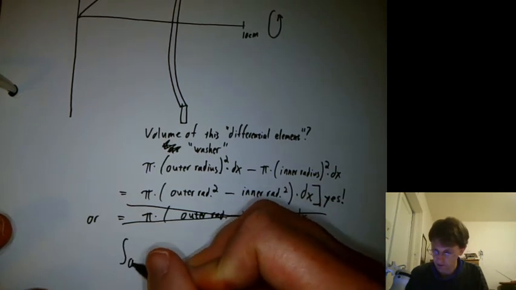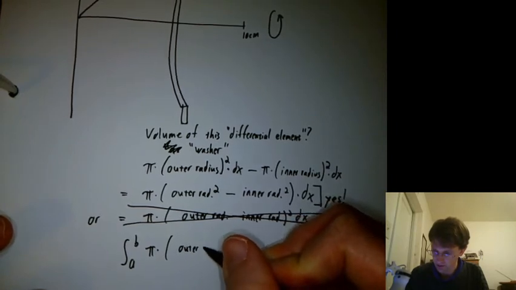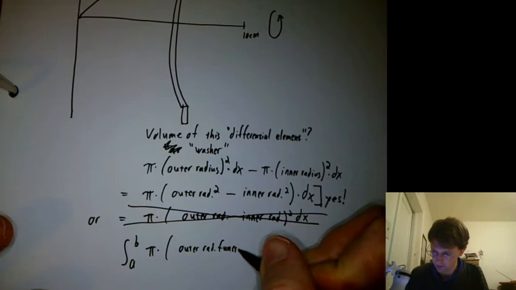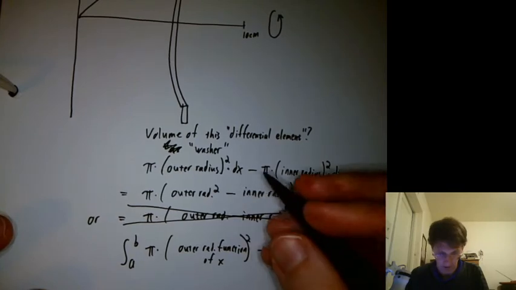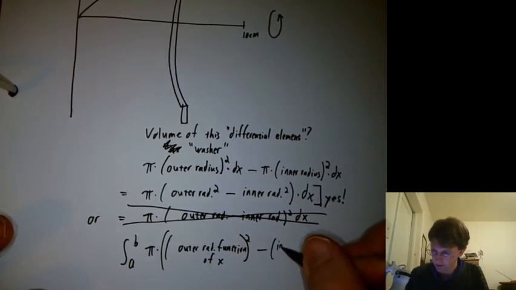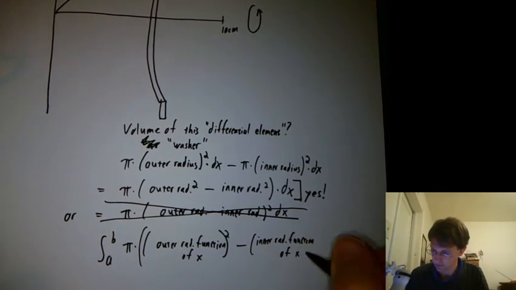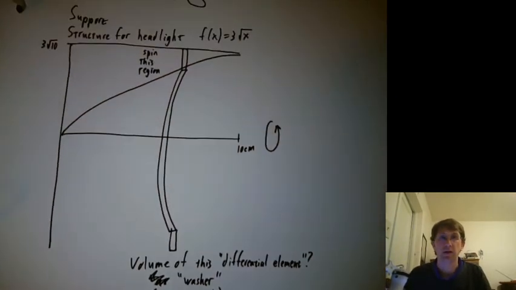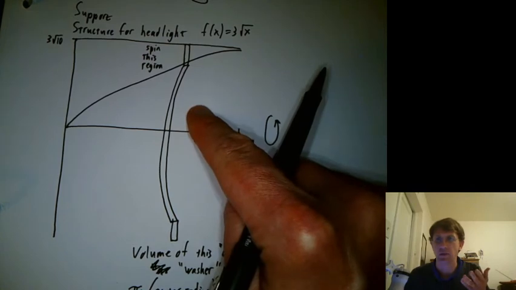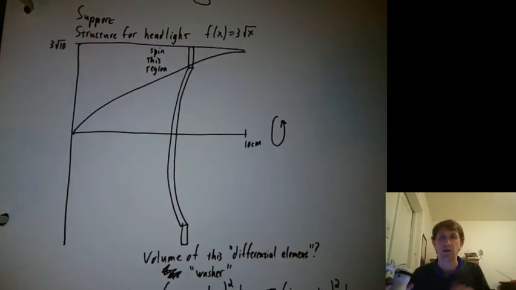So it would be the integral a to b pi times the outer radius function of x squared minus the inner radius function of x squared dx. So you could give names to these like f and g. I would always have trouble remembering what's f and what's g. So just think of them using long words like inner radius function and outer radius function.